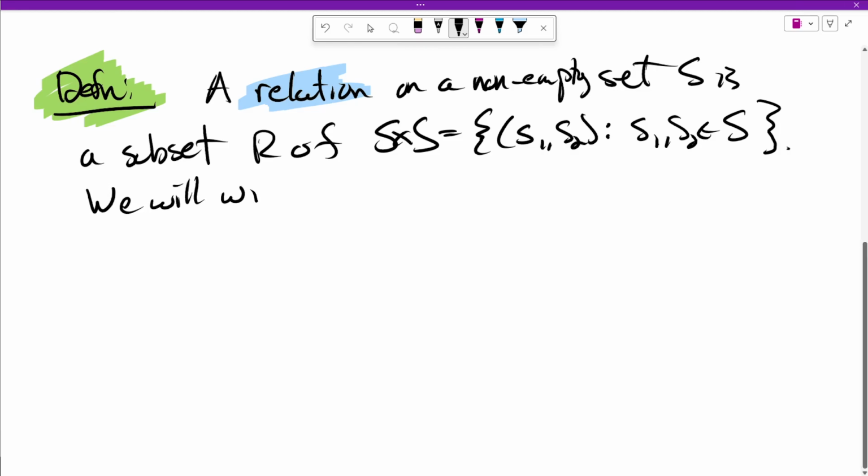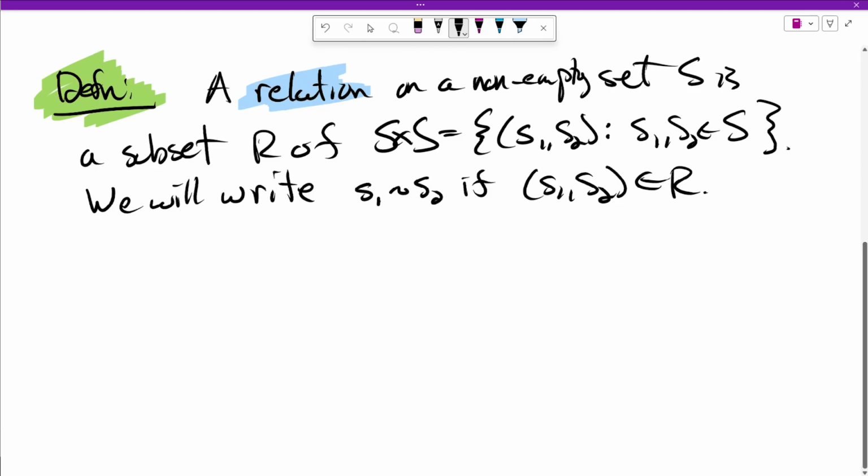Usually we'll write something slightly different from what's in our book. We'll write s1 is related to s2 if (s1, s2) is in R. Remember, R is some wild subset here, and if the ordered pair, and this is an ordered pair, so order matters here, (s1, s2) is in R, then we'll write s1 is related to s2.